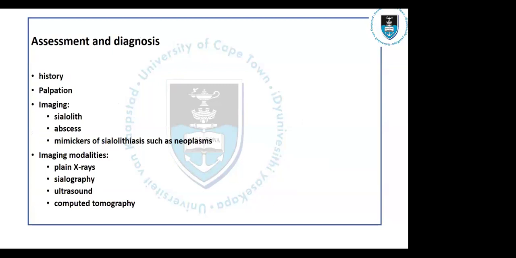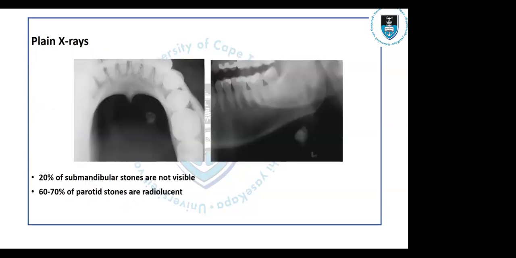Aside from patient history and palpation of the duct, various imaging techniques are available for the diagnosis of sialolithiasis. Imaging can identify a sialolith, an abscess, or mimickers of sialolithiasis, such as neoplasms. Imaging modalities include plain X-rays, sialography, ultrasound, and CT scan. With plain X-rays, approximately 20% of submandibular stones are not visible.